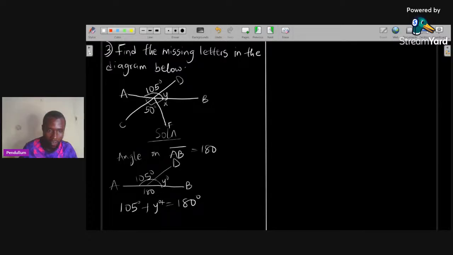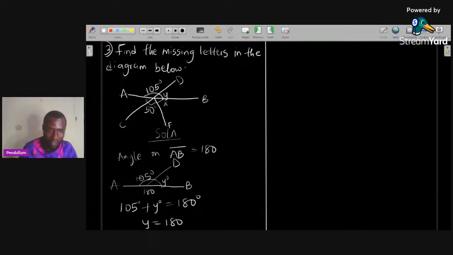I'm looking for Y, so I can move 105 to the other side. Since these are numbers, they are like terms, so we collect like terms. We bring all the numbers to one side and leave the letters on the other side. So here I can simply say Y is equal to 180.